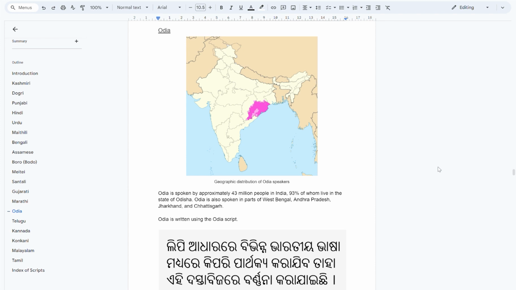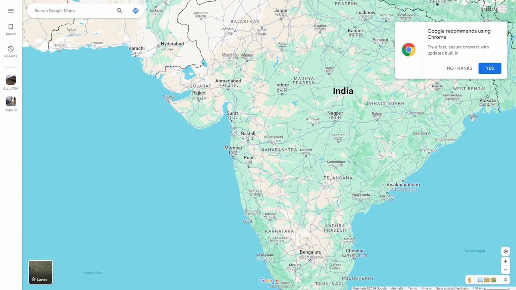Next, we move on to Odia, which is the language of Odisha state. It's also spoken in very small amounts in parts of West Bengal, Andhra Pradesh, Jharkhand, and Chhattisgarh, but again, if you see Odia, click Odisha.